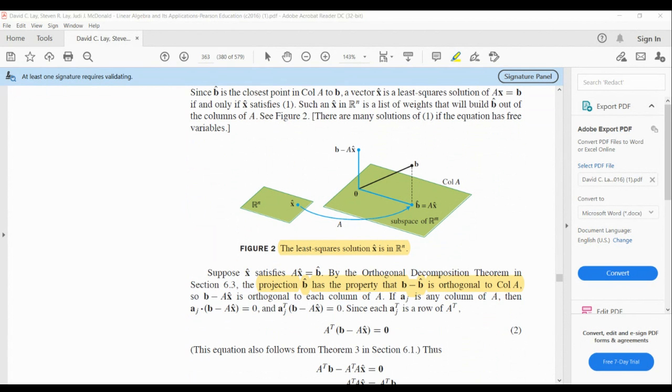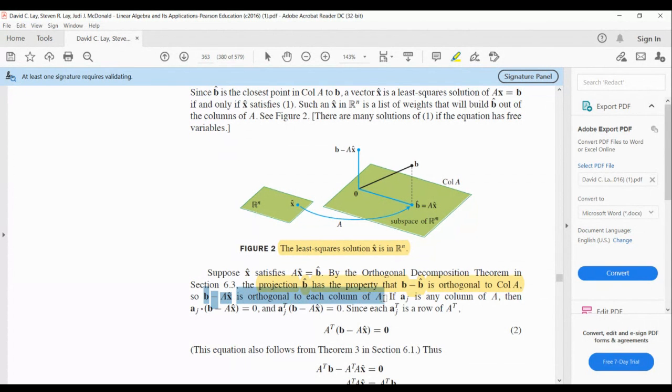Scratch that, that's incorrect what I said. Look at the vector b, look at the vector b hat. b minus b hat is that vertical vector. It's like the z vector, that dashed vertical vector that you see in the picture in figure 2. Well, b minus b hat is the same as b minus A times x hat. Okay, that's the same thing.